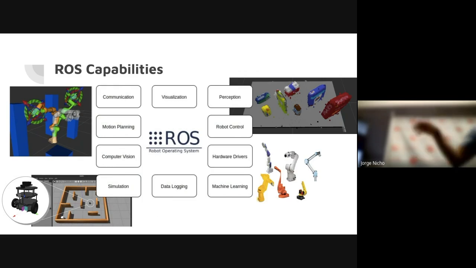There are all kinds of visualization tools. There's simulation. The main simulator that comes with ROS is called Gazebo, where you can represent all kinds of things, including robot dynamics, and you can actually simulate sensors, which is a very useful tool. There are all kinds of capabilities that are tightly integrated with ROS, and there's data logging as well, and machine learning.